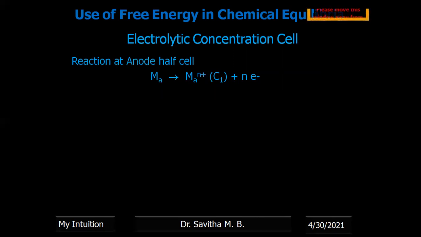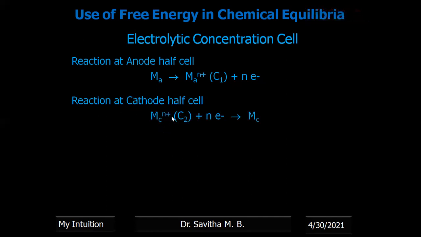That undergoes oxidation to give metal ions and n electrons. For convenience, we are taking the concentration of the metal ions at the anode compartment as C1. Now the reaction at the cathode compartment: metal ions will be present in the solution.